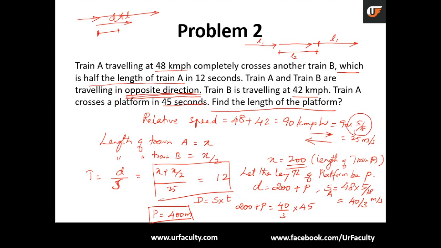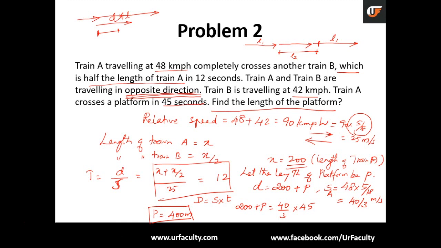Please remember that. Then we assume that the length of train A is x and the length of train B is x by 2, because train B is half the length of A. In this process, we are trying to arrive at the length of the train. We know that the time taken by both the trains is the same.